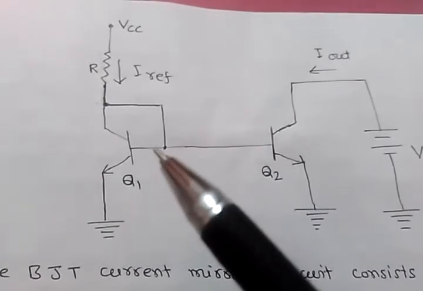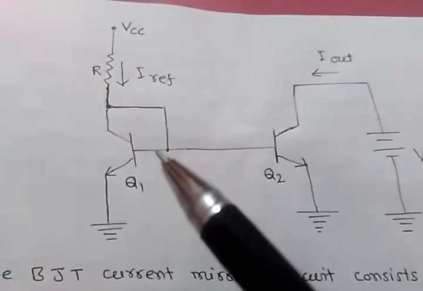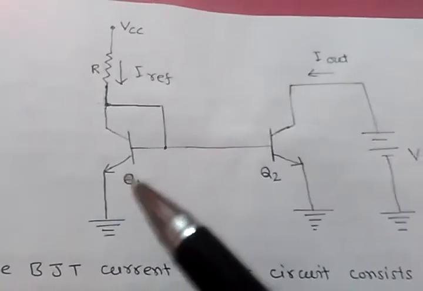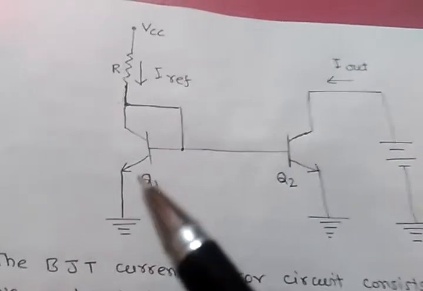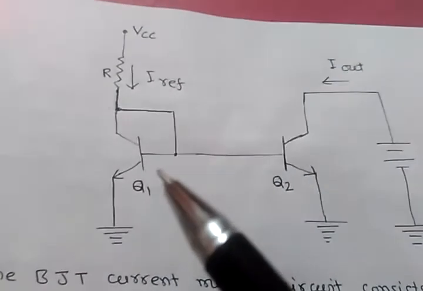By joining collector and base of transistor Q1, we can operate this transistor like a diode.